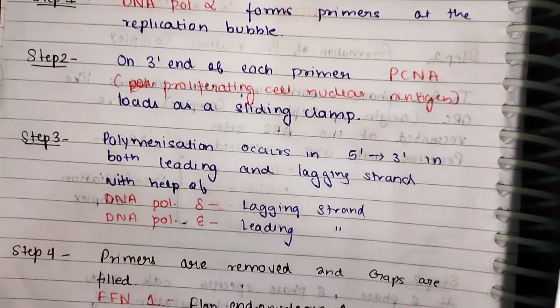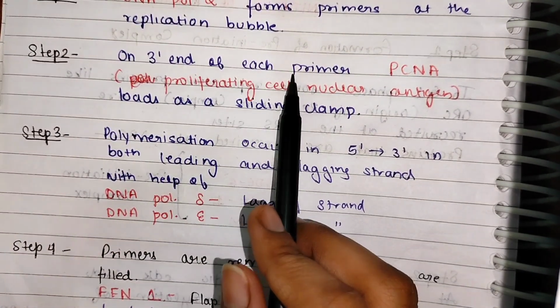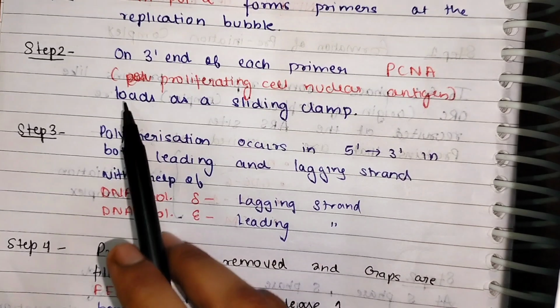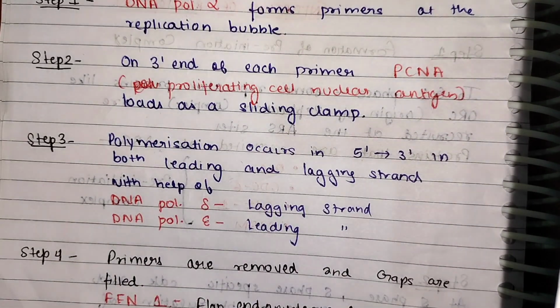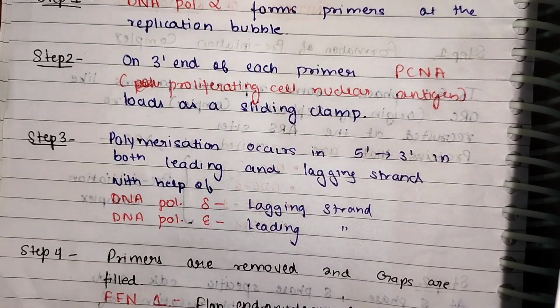In step 2, what happens is at the 3' end of each primer, PCNA will load as a sliding clamp. As we also studied in the prokaryotic replication, a sliding clamp is recruited so that it can easily guide the DNA polymerases to perform the replication process.